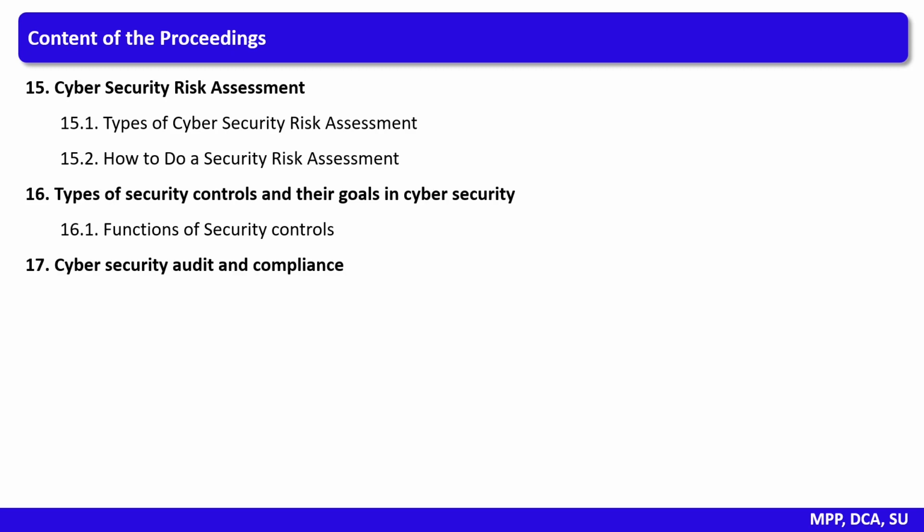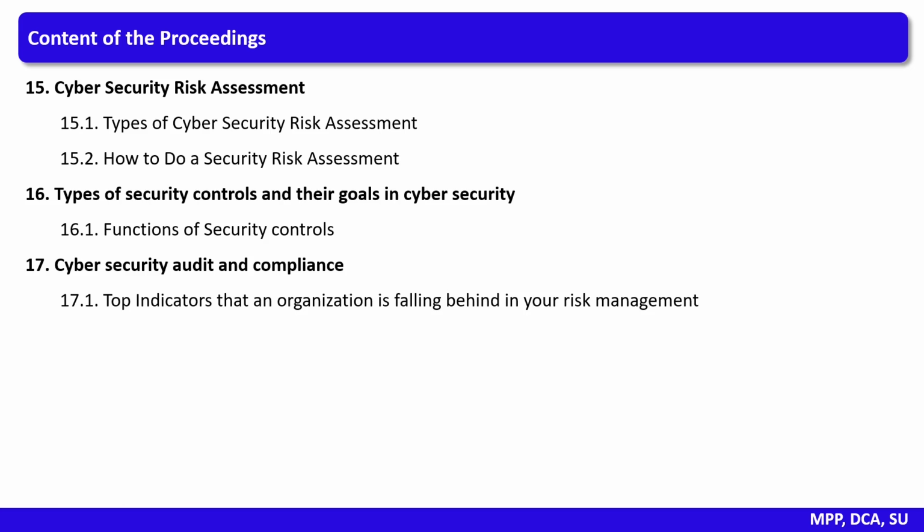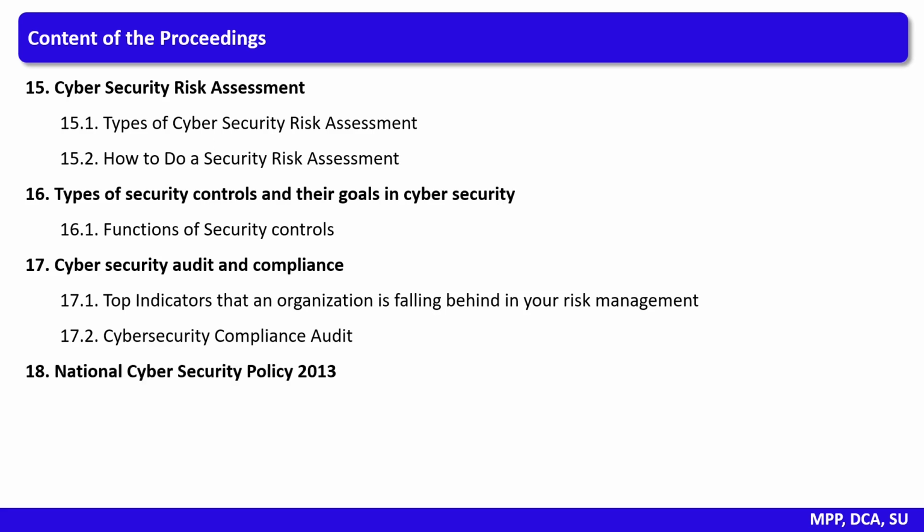Then we will move on to cybersecurity audit and compliance, wherein we will discuss top indicators that an organization is falling behind in your risk assessment, cybersecurity compliance audit. Then we will move on to National Cybersecurity Policy 2013 and discuss its salient features, and eventually we will discuss National Cybersecurity Strategy.